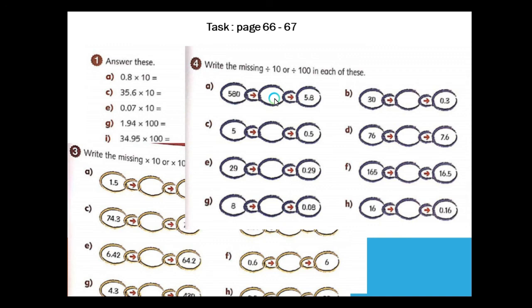You divide by 100. Now 0.3 divided by B, 0.30. You divide by 100. 0.50. You divide by 5. 0.5. So 0.5 is 10. Yes, it is 10.